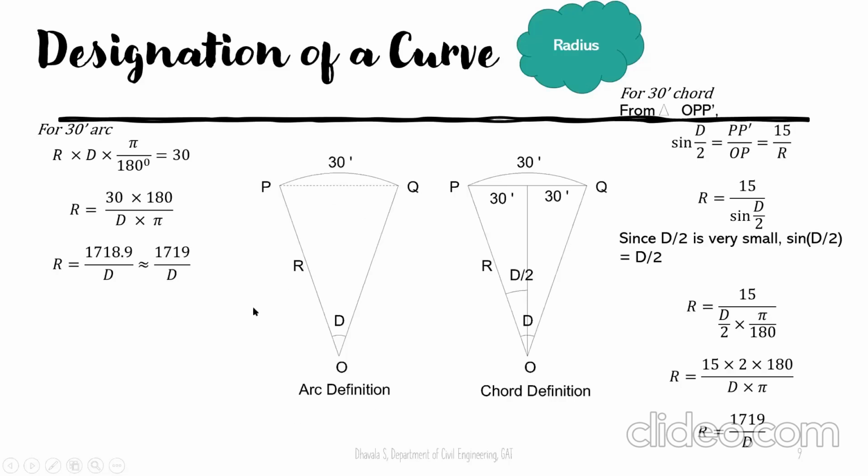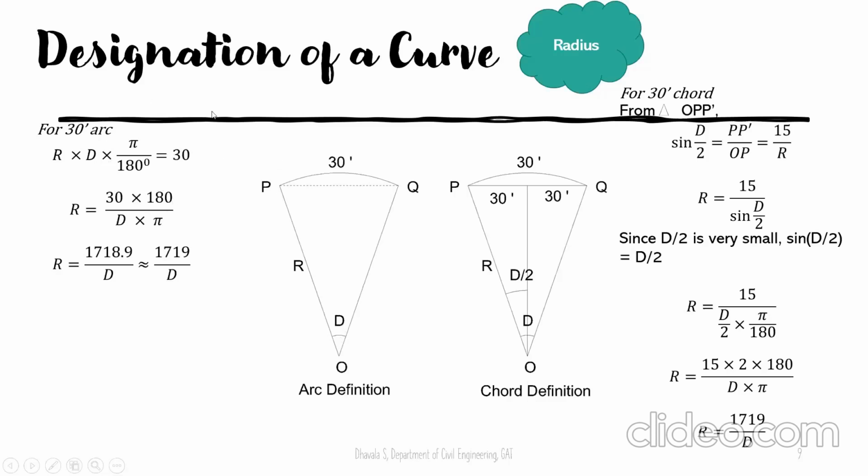Here we have got a section where P Q are the points, O is the center point, P O is the radius, capital D is the angle subtended at the center of the circle, which has got 30 feet as its arc length. The distance 30 feet arc is nothing but radius multiplied by the angle subtended, converted into radians by multiplying by pi divided by 180.